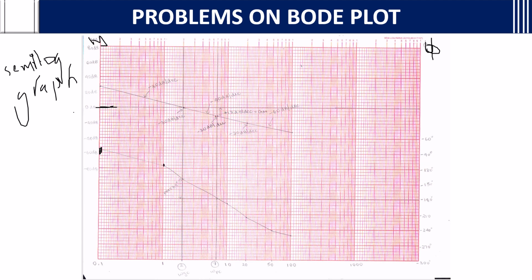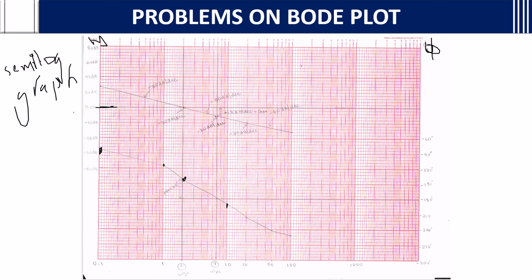Then for 2, minus 140, somewhere here. Then for 10 you will get minus 195, somewhere here.